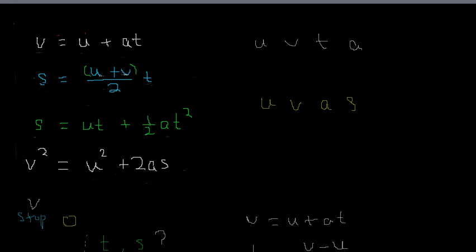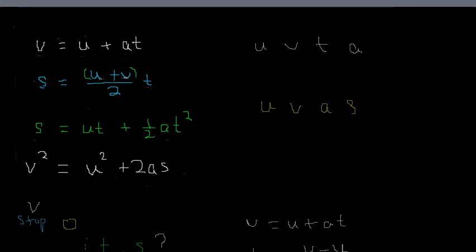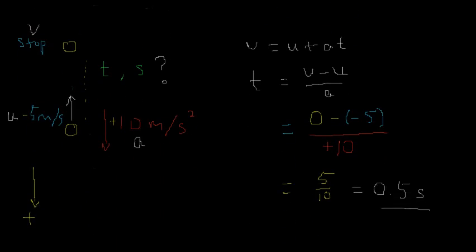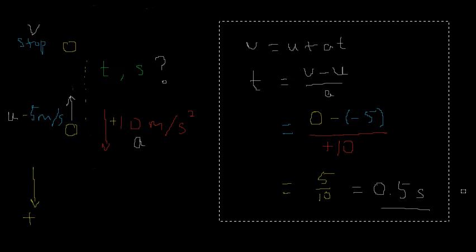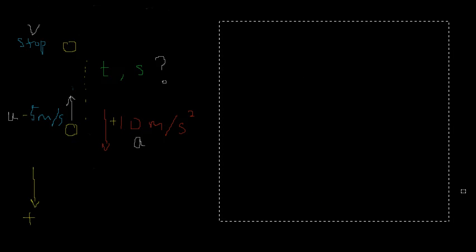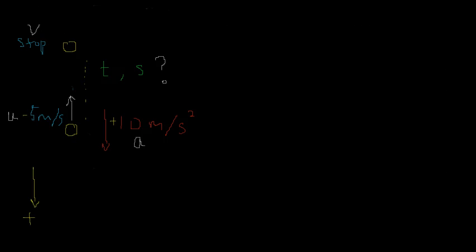Okay, so let's remember this equation. V squared equals U squared plus 2AS. So go back here. Right, let me clear this, and write down the equation.